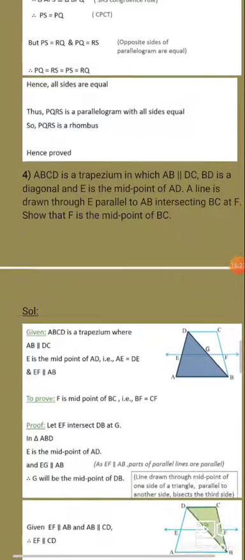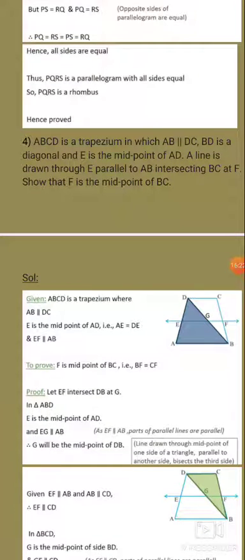Now given ABCD is a trapezium where AB is parallel to DC. E is the midpoint of the side AD, that is AE is equal to DE, and EF is parallel to AB. Given condition EF is parallel to AB. We need to prove F is the midpoint of BC, that is BF is equal to what? CF.